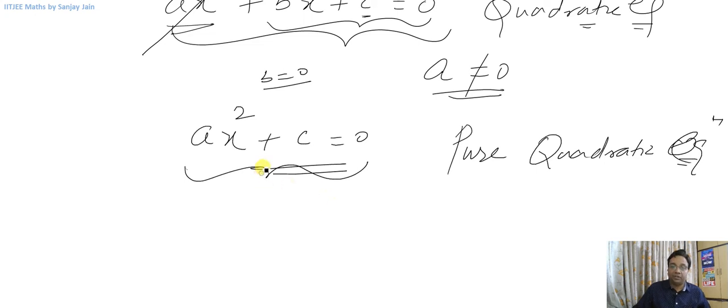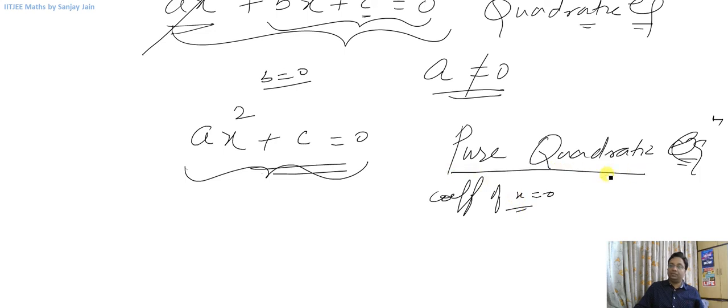When you have got coefficient of linear expression of x, or you can say coefficient of x as 0. When you have coefficient of x as 0, then this is known as pure quadratic equation. That means you don't have any linear expression of x in this, okay?